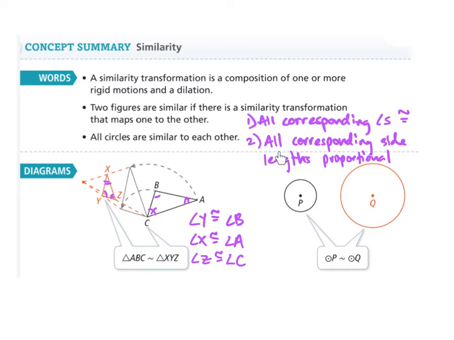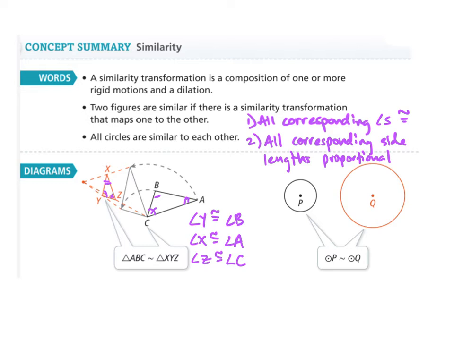The second part is maybe a little bit trickier. It says that all the corresponding side lengths are proportional. What that means is if I take XY, and let's say XY got multiplied by some scale factor n to turn into AB, then that same scale factor would be used to multiply segment YZ to get the length of segment BC, and to multiply the length of segment XZ to get the length of segment AC.